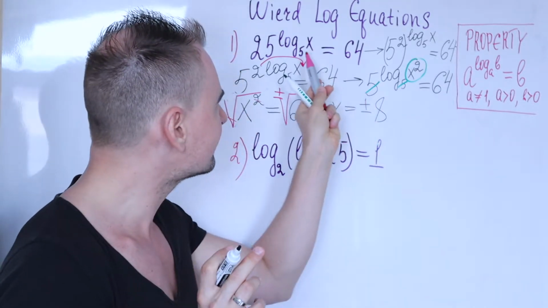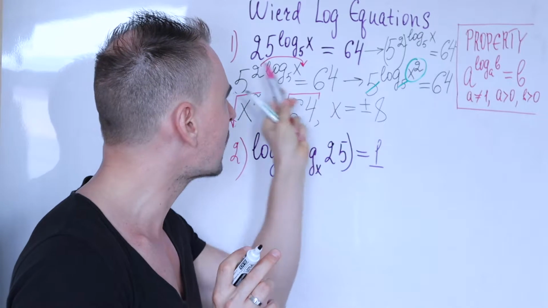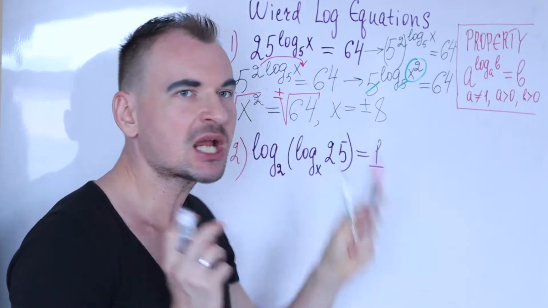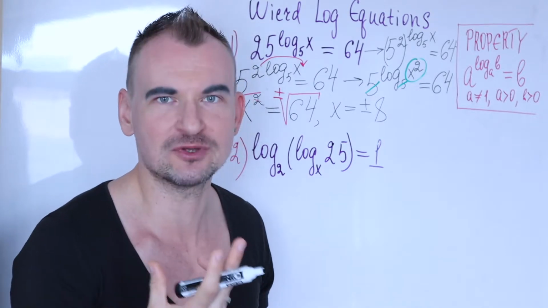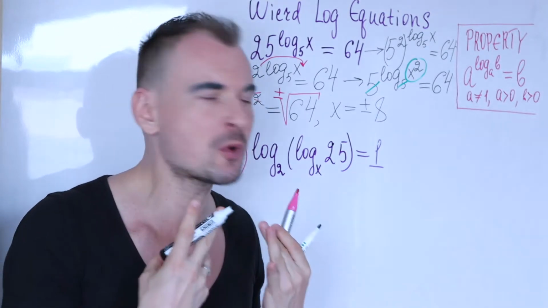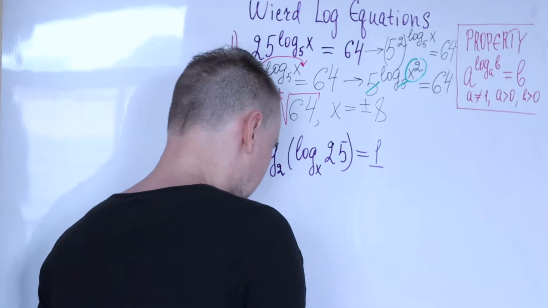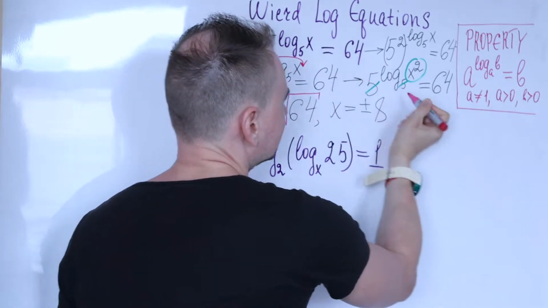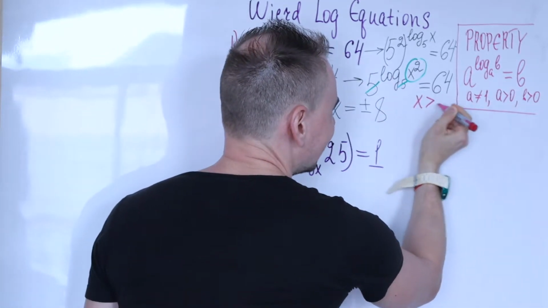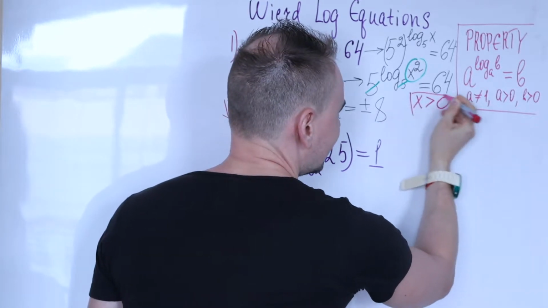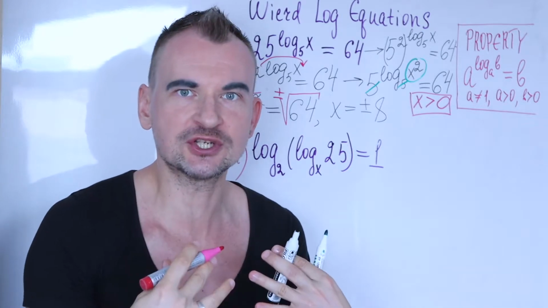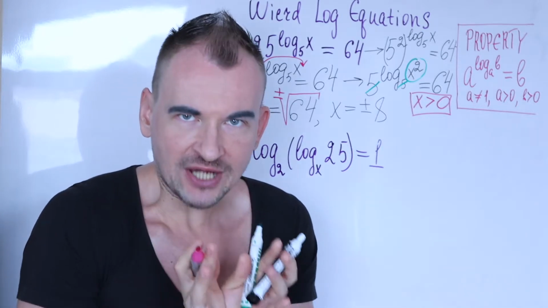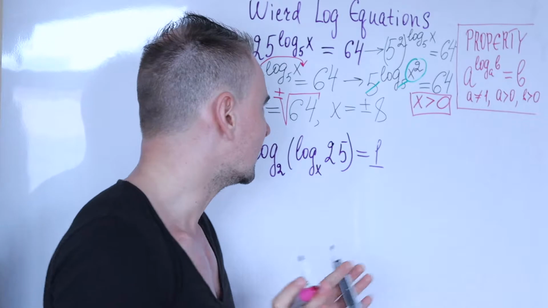Your x, from what you are given in your original expression, cannot be a negative number because it's an argument of a logarithm. So by definition, your x is always positive. Your x has to be greater than 0. That's your restriction, that's the domain for your original function or original expression, if you will.